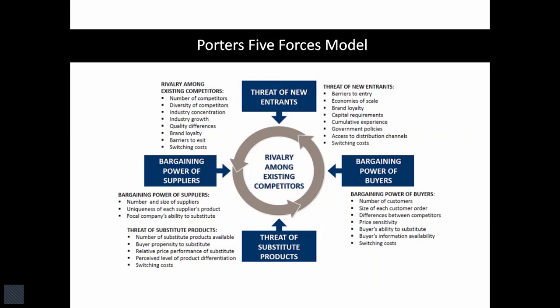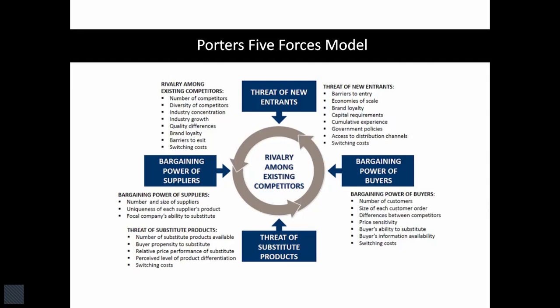Porter is another tool that is used to understand and evaluate the competition in the market. It is also considered a five-dimensional model because of the five factors discussed in it.